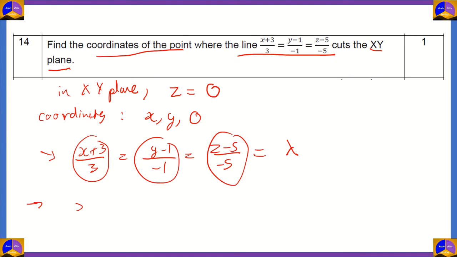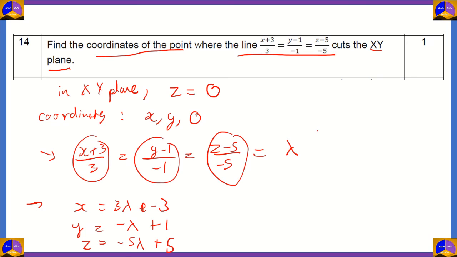So what we get is x equals 3 lambda minus 3, because 3 goes to lambda, and then minus 3. y will be equal to minus lambda plus 1. Minus 1 goes here. Minus 1 becomes plus 1 as it gets to the right side. And the value of z will be equal to minus 5 lambda plus 5. That is in accordance with the equation.